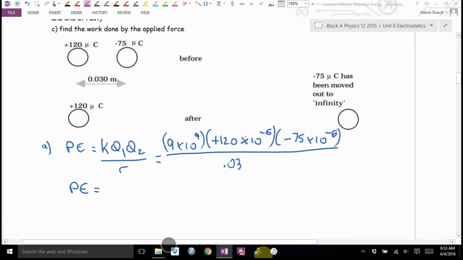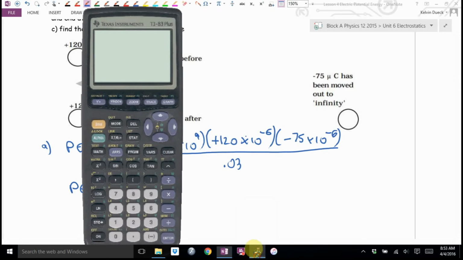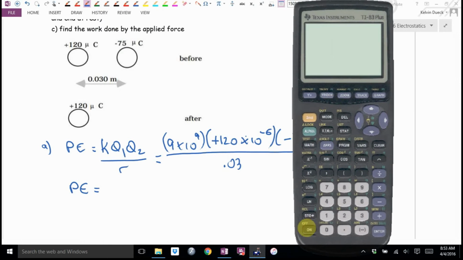This is once again a good chance for us to practice with our calculators. I've got to get this touch screen turned off. Nine times 10 to the 9th times 120 times 10 to the negative 6 times negative 75 times 10 to the negative 6 divided by 0.03, not 0.03 squared.